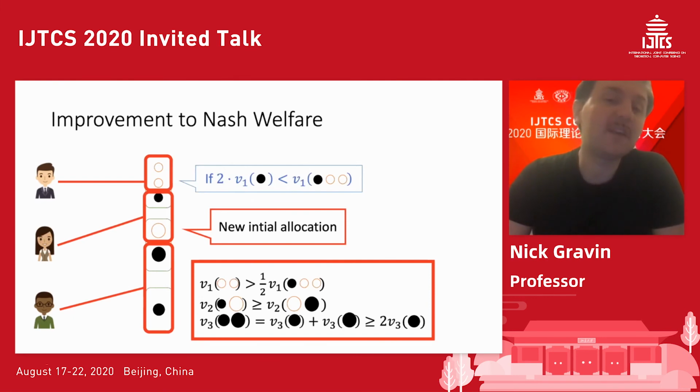So overall, we get an improvement to the Nash welfare. The product of the values in the new allocation is bigger than the product of values in the old one. Okay, I hope it gave you some impression about the analysis. But actually it requires more careful and formal handling, of course.